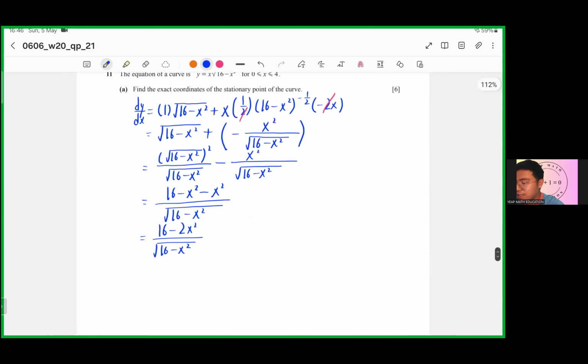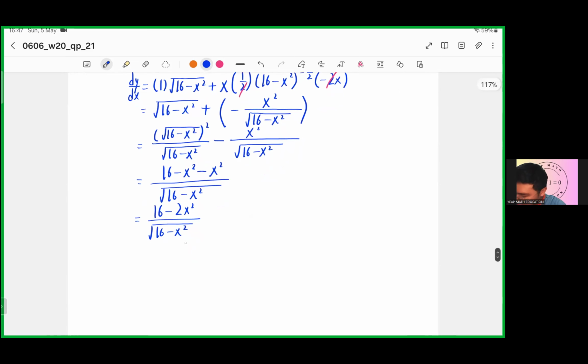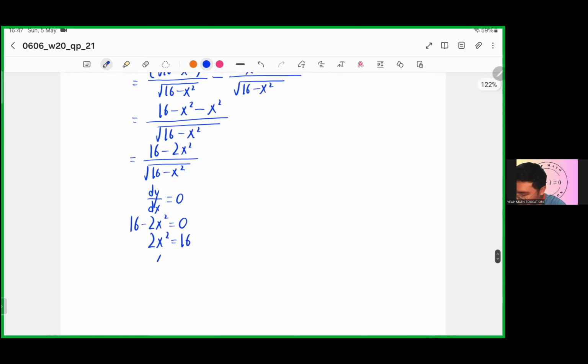Now we need to find the exact coordinates. So we take dy/dx equals 0, so we just take 16 minus 2x squared equals 0, so 2x squared equals 16, x squared equals 8.